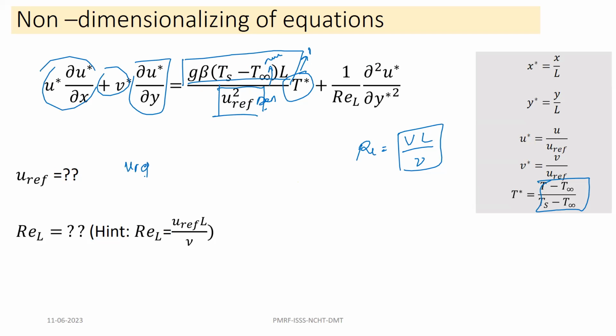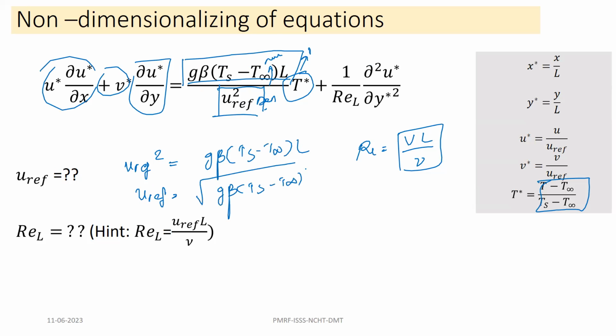So U reference squared must be equal to g beta into Ts minus T infinity into L, or U reference equals root of g beta into Ts minus T infinity into L. Okay, so that is the reference velocity we can assume.